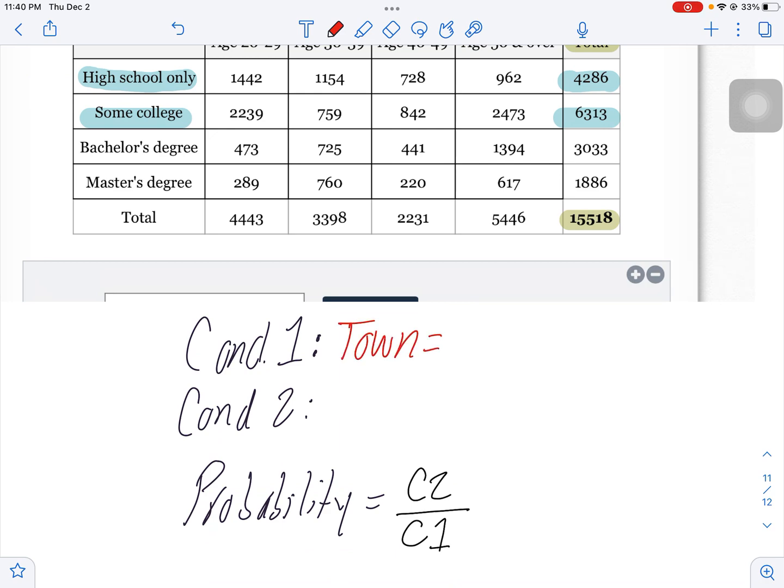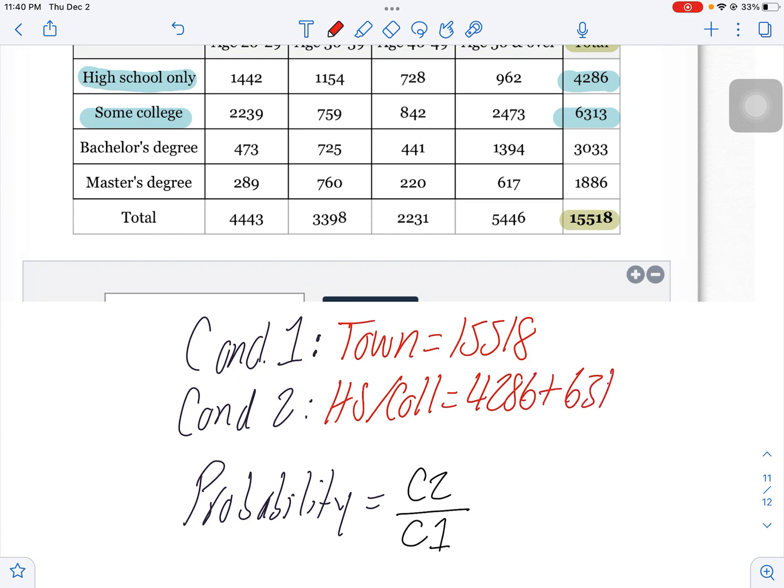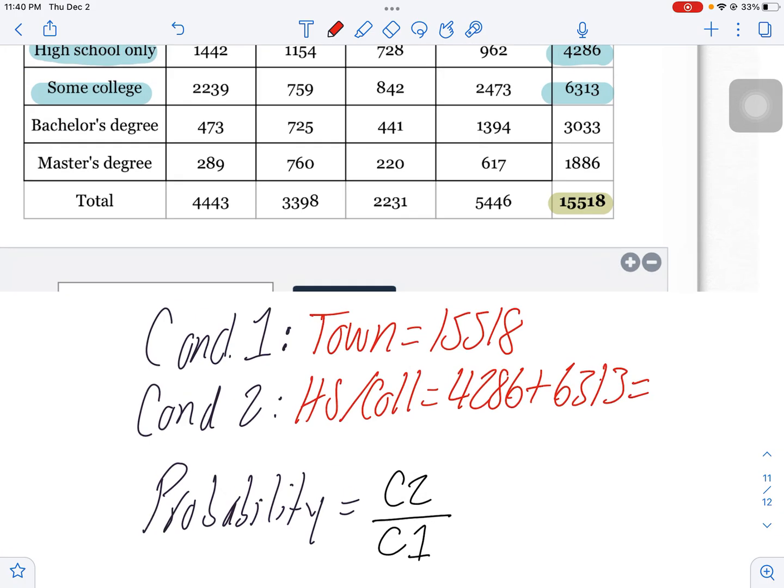So our condition number 1 was total in the town, so the town had 15,518 people. Condition 2 was high school and some college, which was 4286 plus 6313.